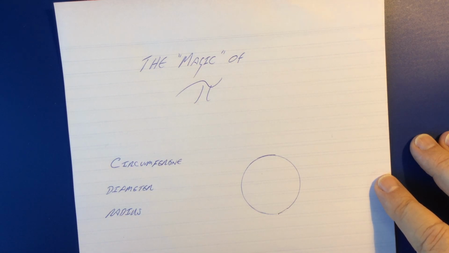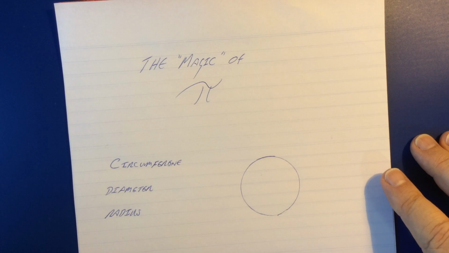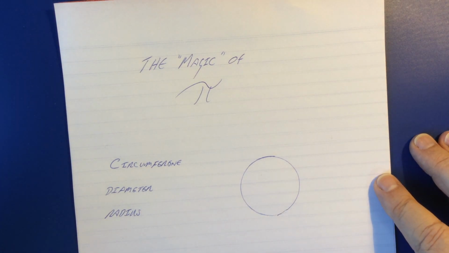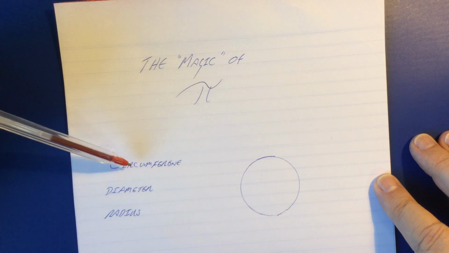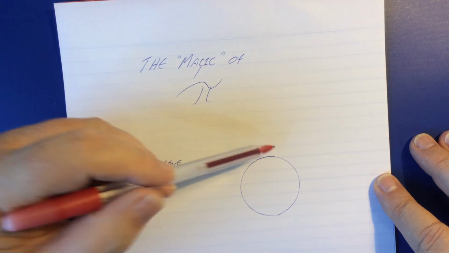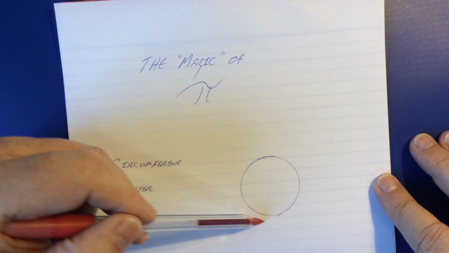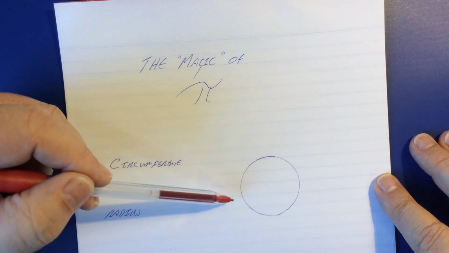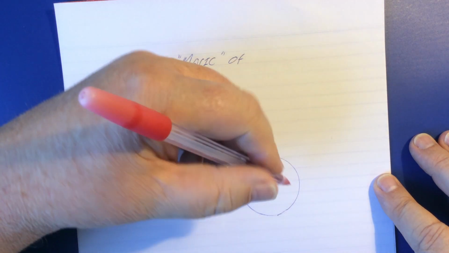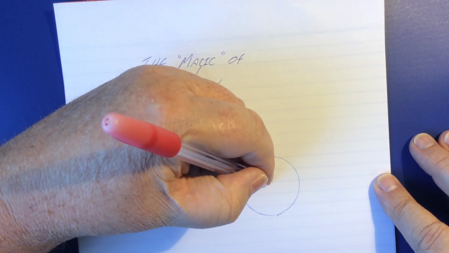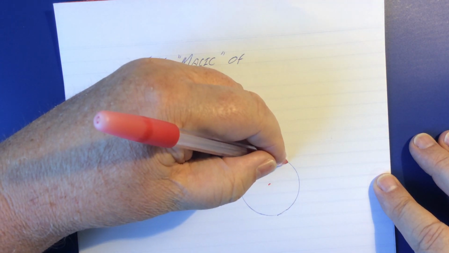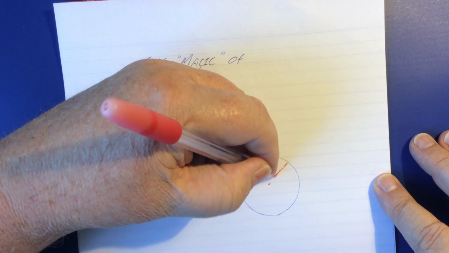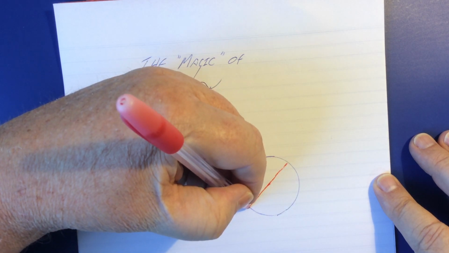In order to do that, for those of you who are unfamiliar with the terms associated with circles, I've got three things here that I want to show you. The circumference of a circle is the distance around the circle. It's this distance here. The diameter of a circle is a line that passes through the middle of the circle from one side to the other.